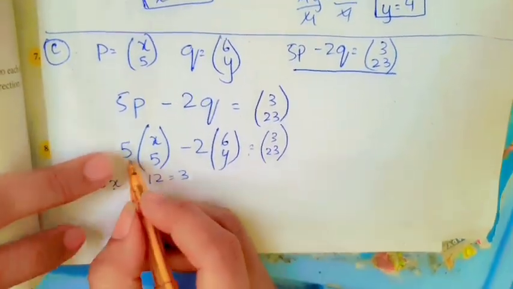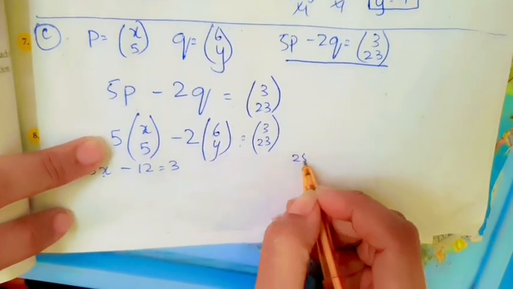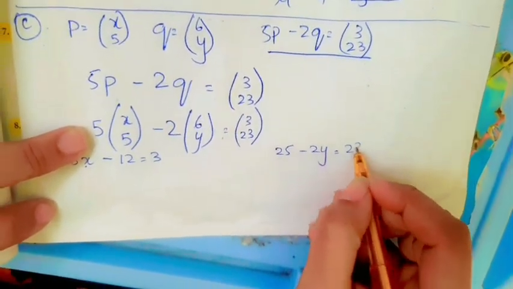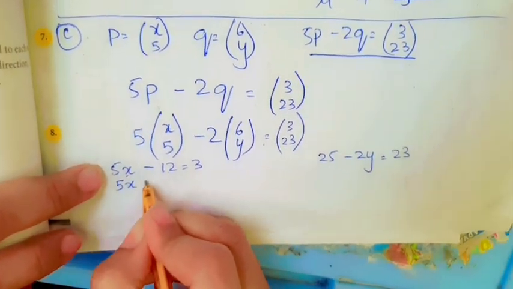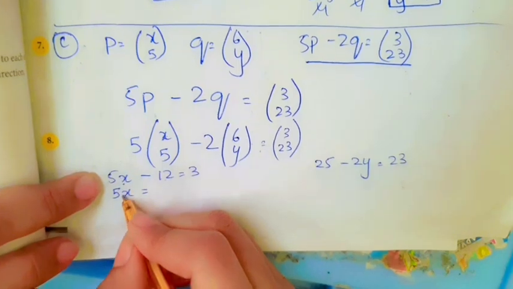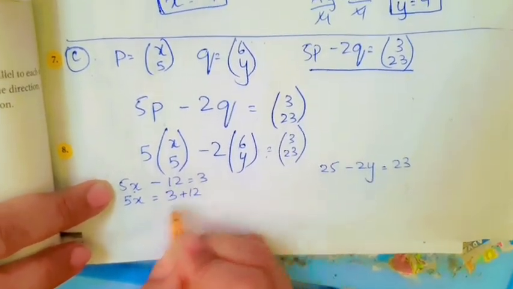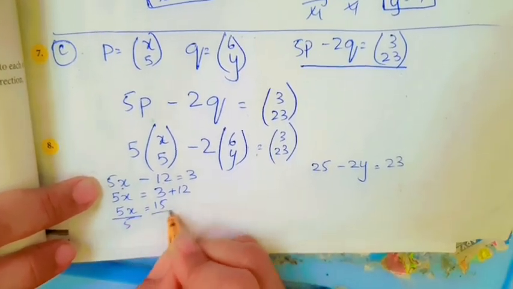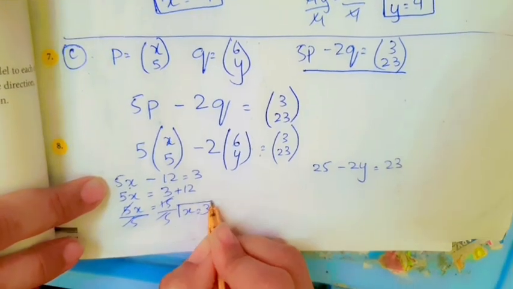And now I am writing all the y components over this side: 5 times 5 is 25 minus 2y is equal to 23. So now see, 5x is equal to 3 minus 12, which is shifting over this side, so it would be plus 12. 5x is equal to 15, and if we cancel from both sides, the value of x is equal to 3.